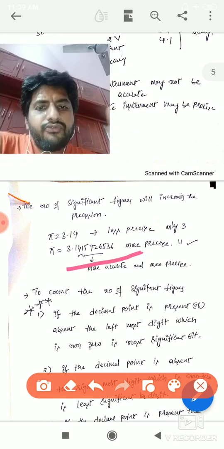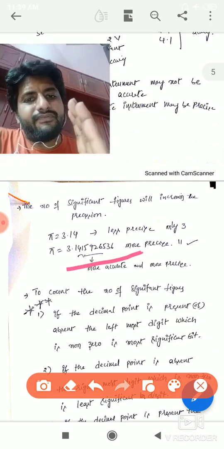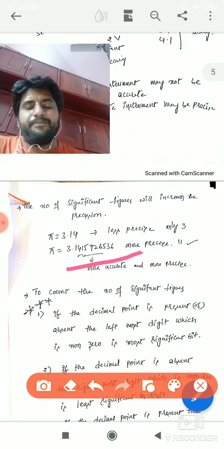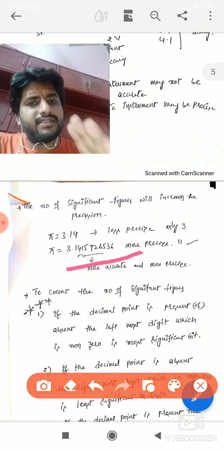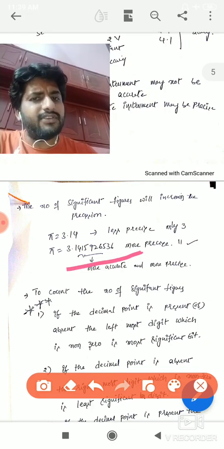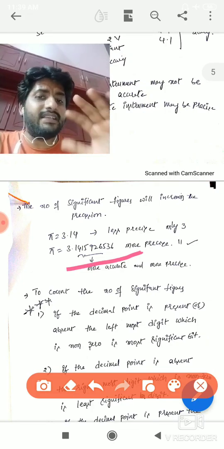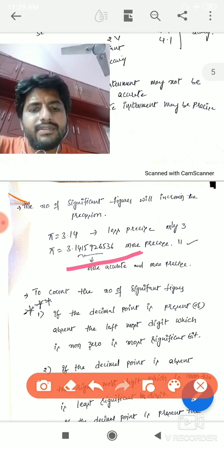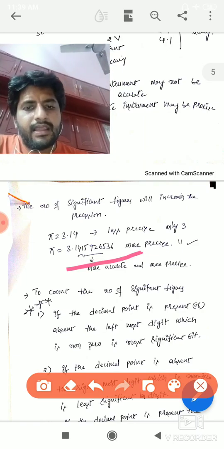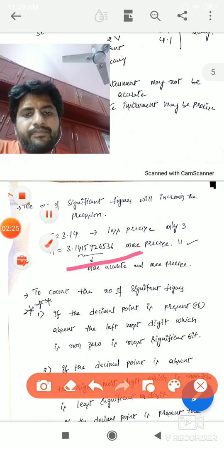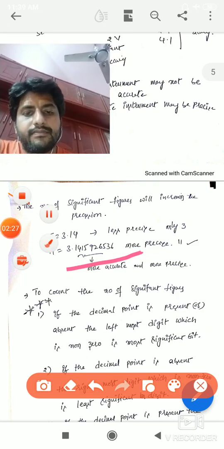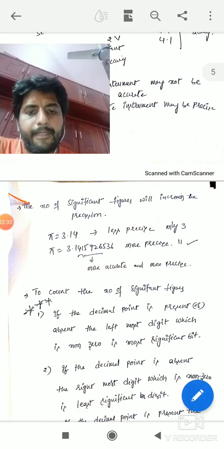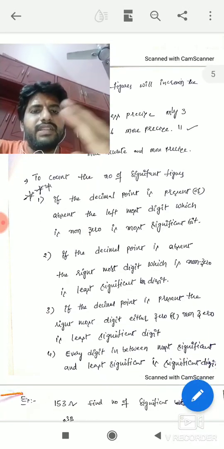See how you can find the number of significant figures for a given unknown quantity. You just have to find the number of significant figures, then you will say whether that instrument is a more precise instrument or not. For this we have 3 rules.